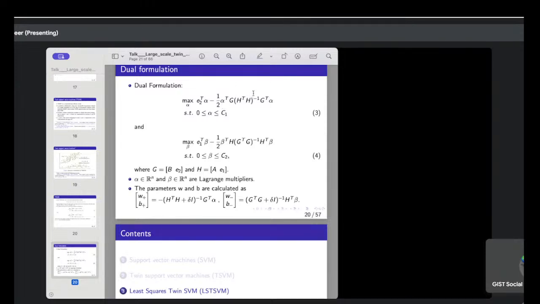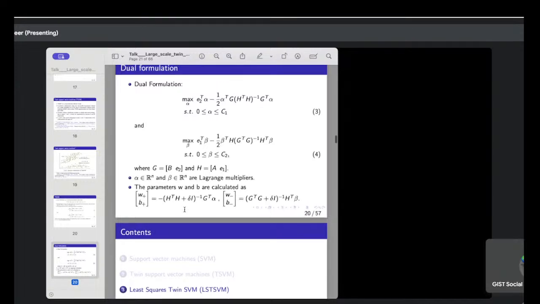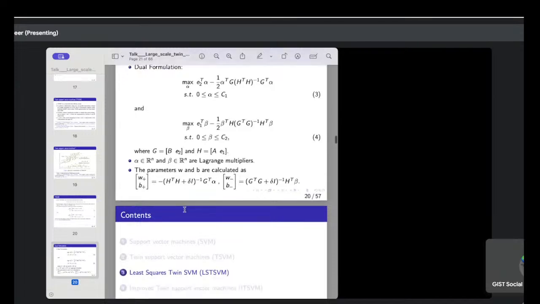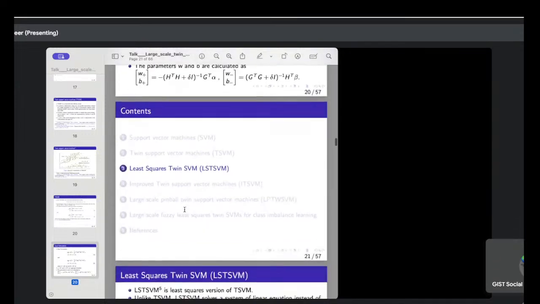H transpose H and G transpose G are square matrices, but not all square matrices are invertible. So to handle that issue, we have manually added this delta to make the matrices invertible. This is one of the limitations of twin SVM, but it has been resolved by researchers afterwards.